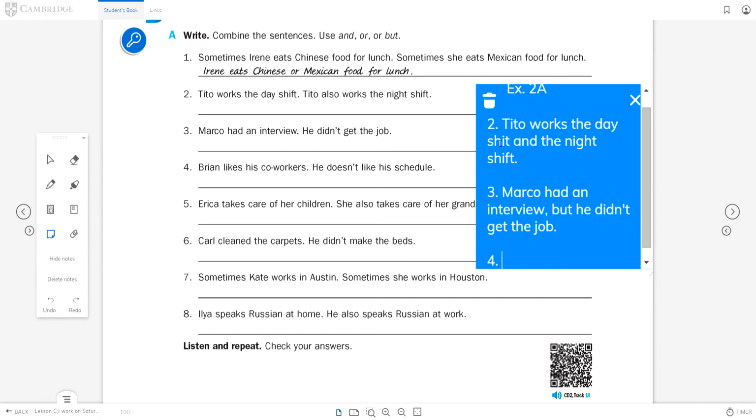So, the sentence 4. Brian likes his co-workers, he doesn't like his schedule. So see, two sentences, but they give me the idea of contrast, opposition from one another.